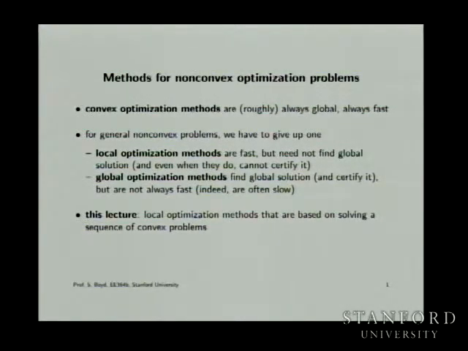At the other extreme, you get global optimization methods, and we'll talk about these later in the class. These actually find the global solution, and they certify it. So when it stops, it basically says, I have a point with this optimal value, and I can prove that I'm no more than 1e minus 3 away from the solution, period. Now in convex optimization, we do that very easily with a duality certificate.